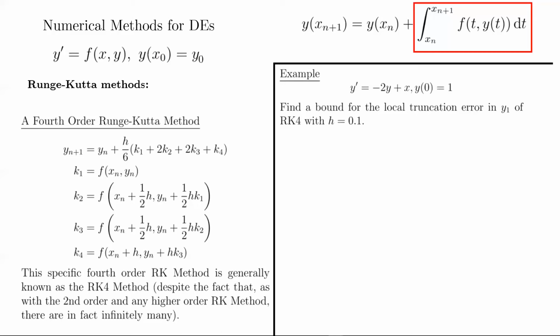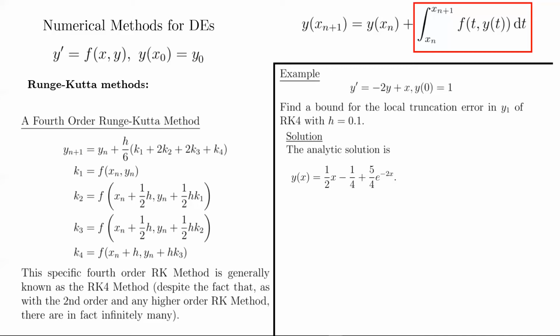So again, we should be able to solve this first order linear ODE initial value problem analytically. The particular solution of this initial value problem is shown on screen here. To find the local truncation error, the error at each step of my RK4 method, I have to calculate the fifth derivative.